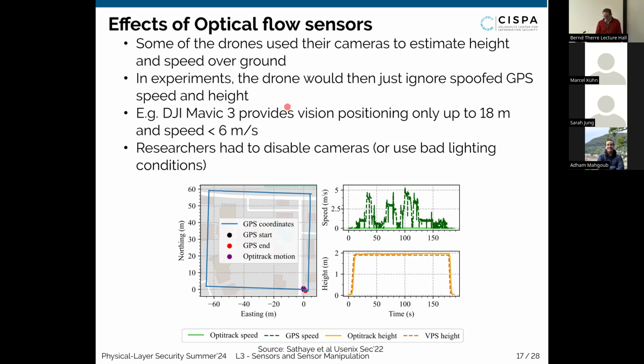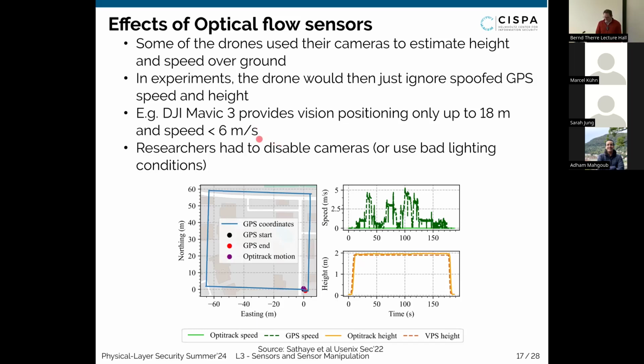After they took over the GPS lock of the drone, they tried to make the drone think it was moving at a certain speed, although it was actually stationary. They found that the optical flow sensor allowed the drone to detect that it was not actually moving, because it saw the same ground all the time. Then there was apparently a mechanism in the drone to estimate that the GPS signal is unreliable and essentially override it and not believe the GPS signal anymore.